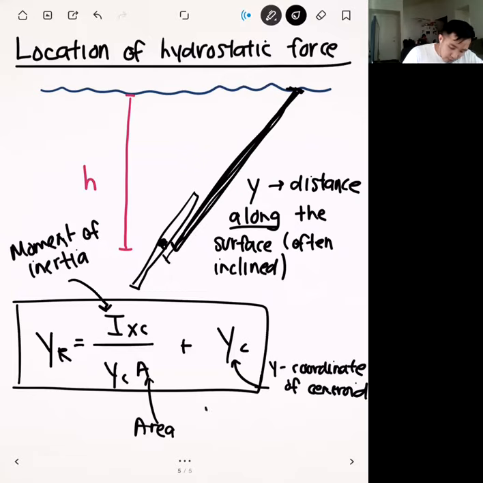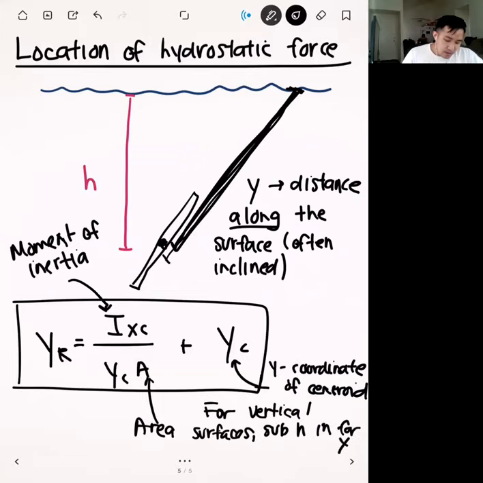So for vertical surfaces, you can substitute H in for Y. That simplifies your calculations a little, because you're only solving things on one axis.